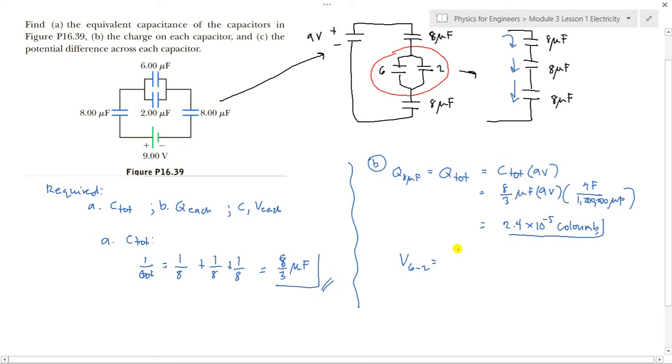That is equal to Q total all over the total capacitance there. The total capacitance there is 8 microfarad. So Q total is 2.4 times 10 to the power negative 5 coulomb.